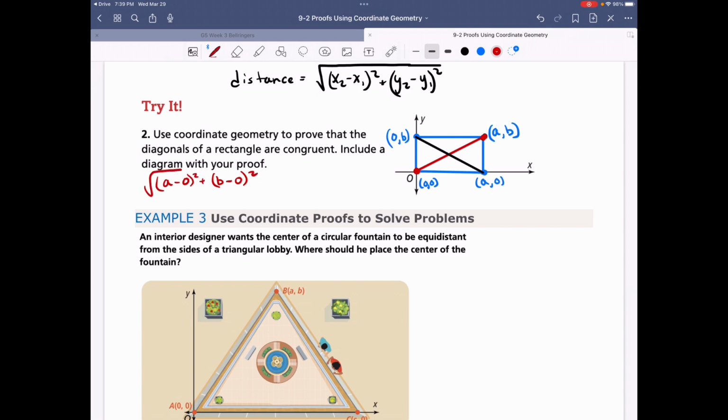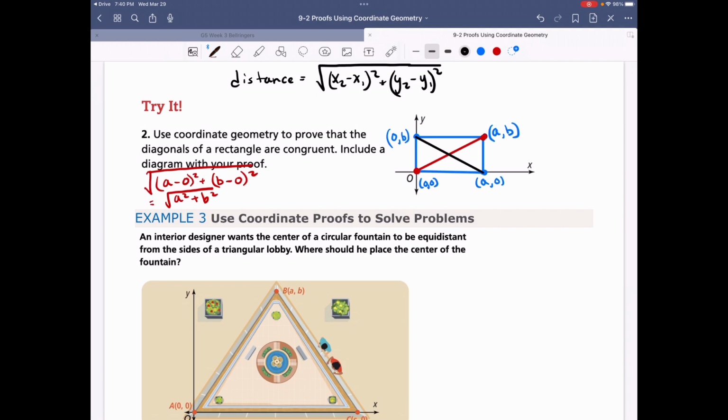So parentheses, square them both. Which simplifies to a squared plus b squared, and the square root of that.